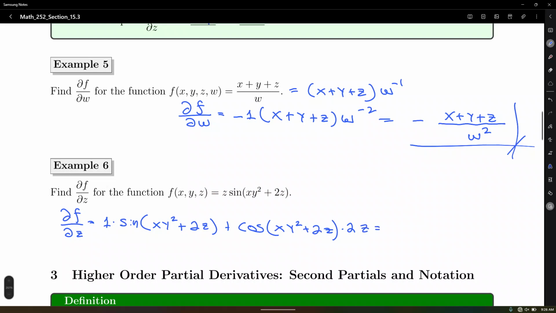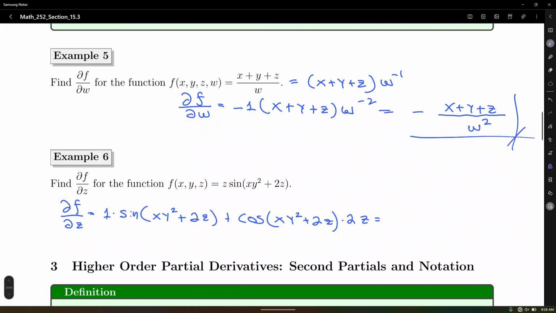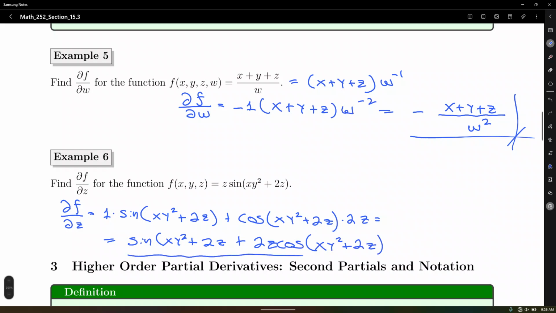Honestly, there's not much to do here other than cleaning up the 1 and multiplying the 2 by z and writing it in front of the cosine here. Sound good? All right.